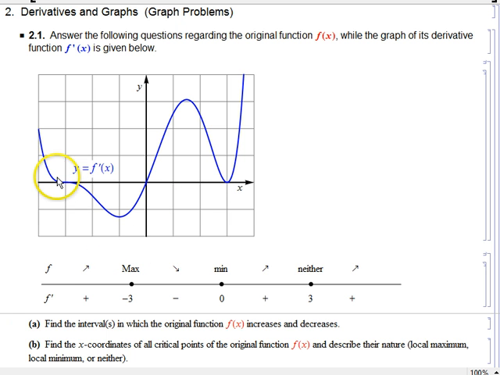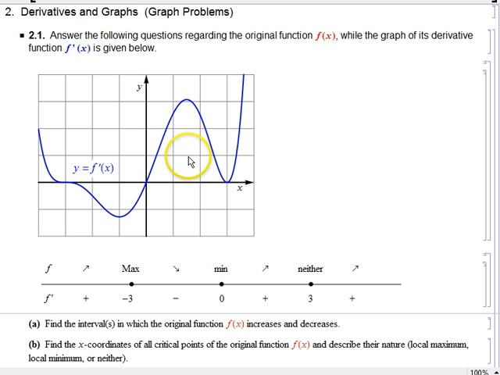And then those 3 x-coordinates divide the number line into 4 pieces. 1, 2, 3, and 4. So less than -3, the graph of the derivative is above the x-axis. Consequently, the original function is increasing. Between -3 and 0, the derivative function is below the x-axis. So the original function is decreasing.